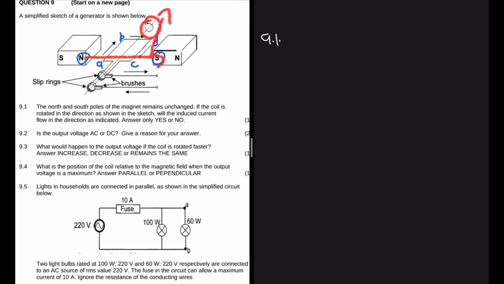If your index is going from north to south and your thumb is pointing up, and then you turn your middle finger 90 degrees relative to your index, then your middle finger will be pointing from C to D. Let me just use a better pen there. It will be pointing from C to D, right? So the induced current that is given to us on this sketch is not true. So the answer here should be no.